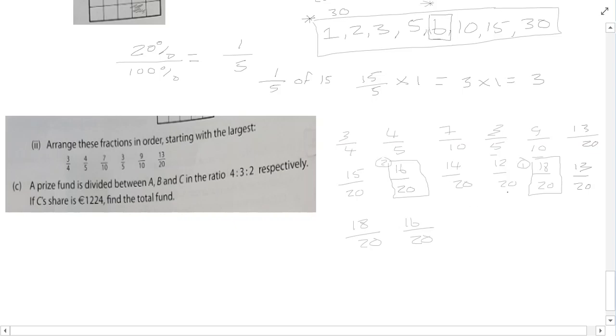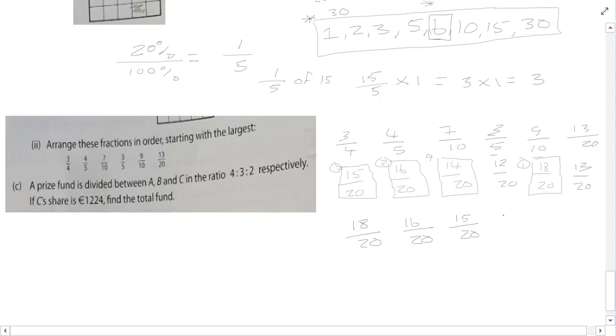So the next one then is 15 twentieths, which is this one. Okay, that's 3. Then we have 14 twentieths, which is this one. So that's 4.